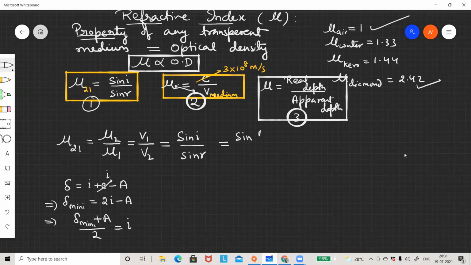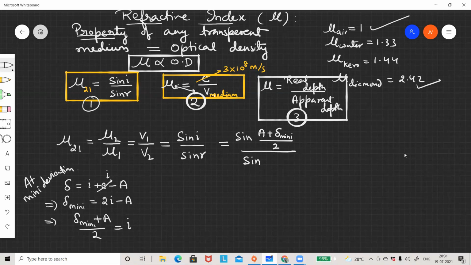Angle of incidence is angle of prism plus angle of minimum deviation, by 2, divided by sine of angle of refraction. And similarly, at minimum deviation. Okay, I'm not doing all this to confuse you. We'll preserve one formula, and when we go to that topic, you will automatically understand.